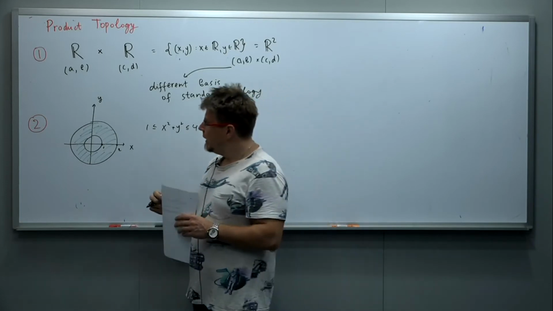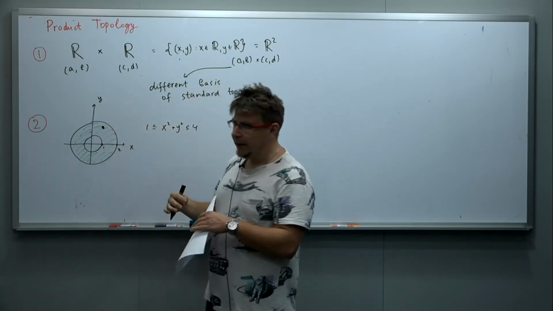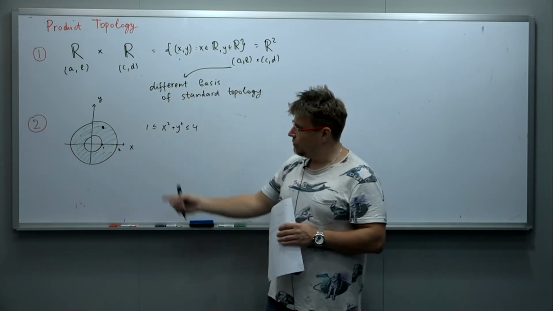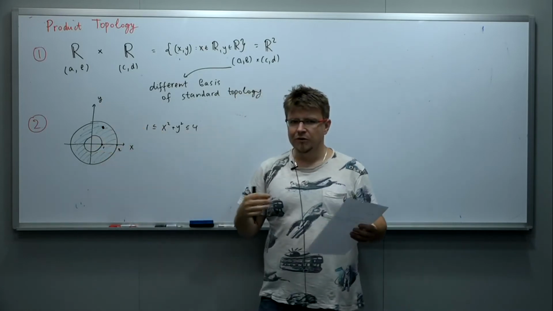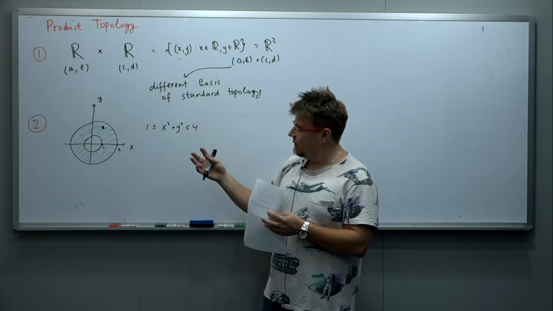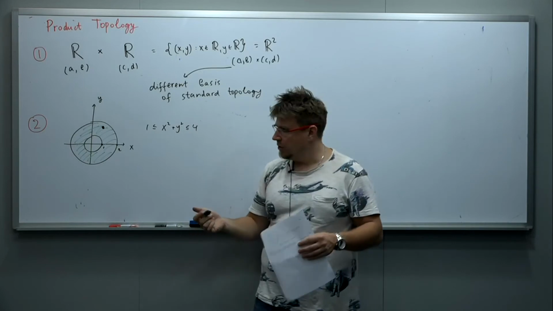Okay, so now if I have a point on this annulus, how can I specify a point in this annulus? Of course, I can just give the coordinates x, y, but then the annulus is going to be the set of points x, y satisfying certain extra conditions, which is probably not very convenient, right?